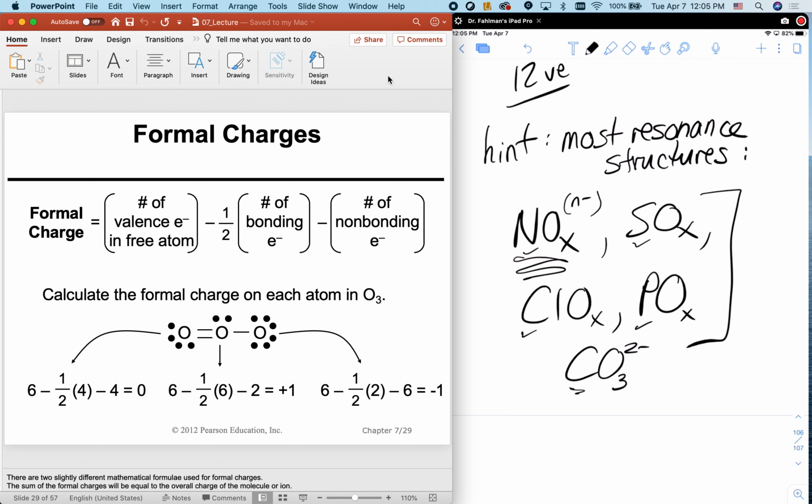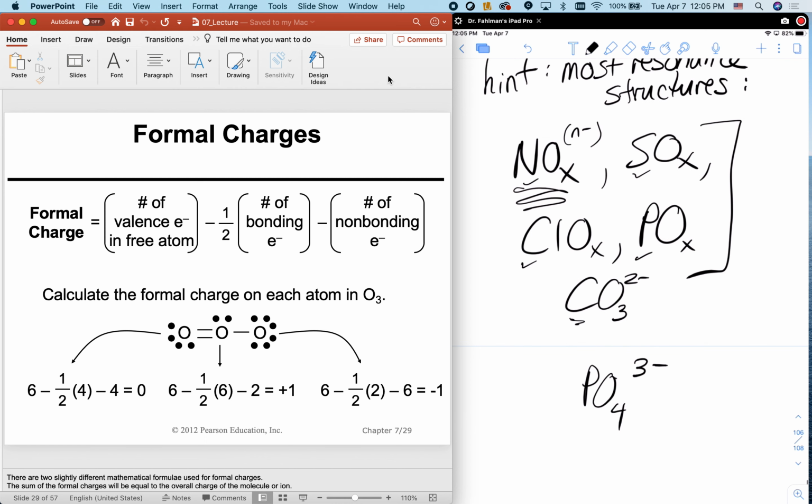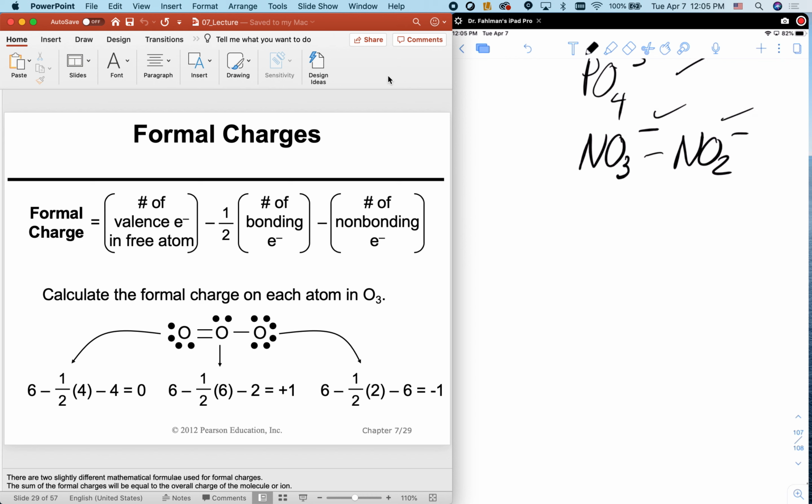Okay, so those are kind of ones that if you see on an exam, like this, for instance, already start thinking, it probably has resonance. Same with this one. Nitrate, nitrite, okay, those will all have resonance forms.